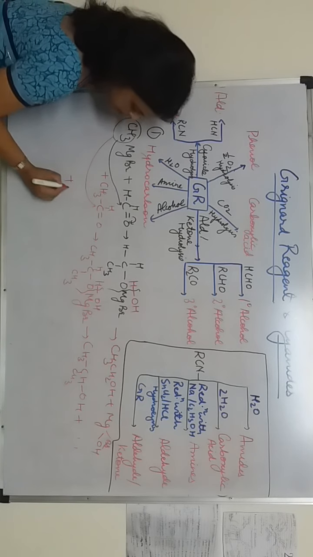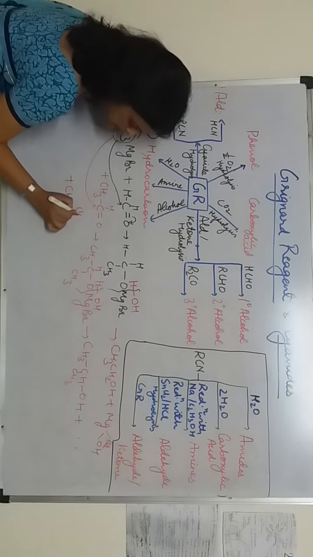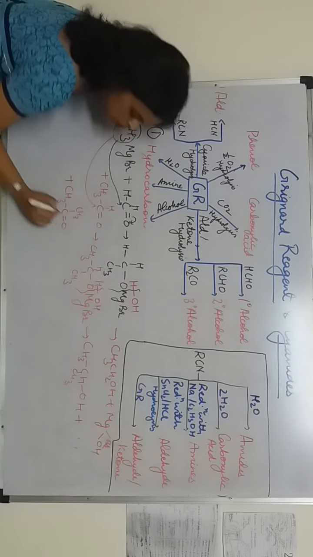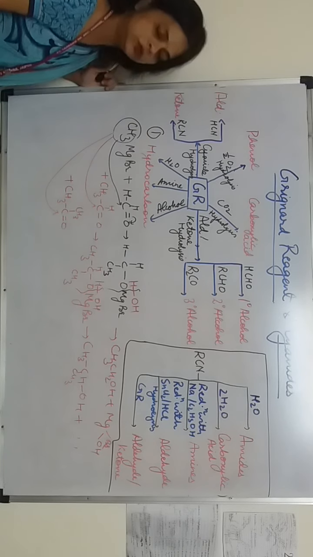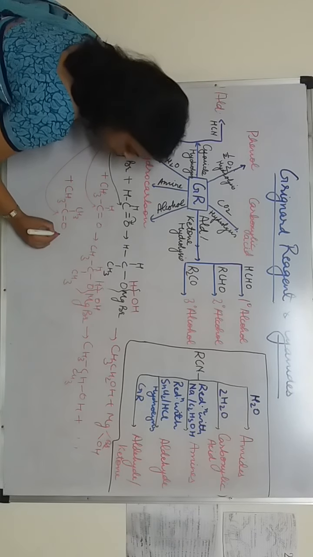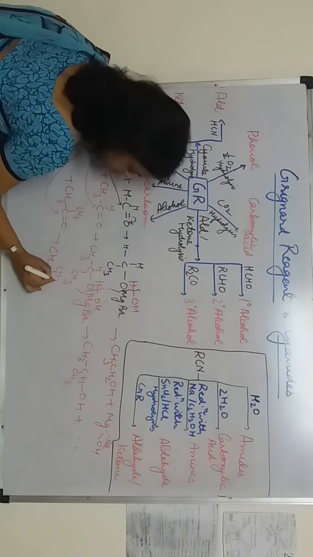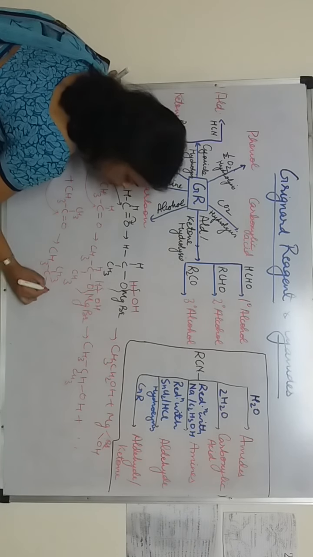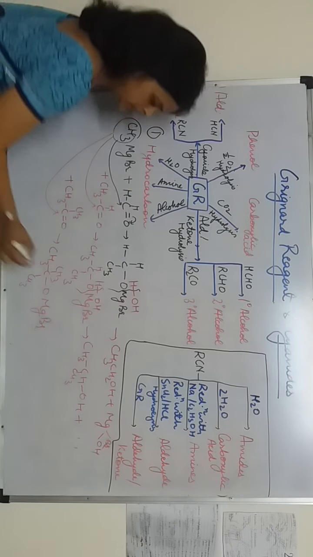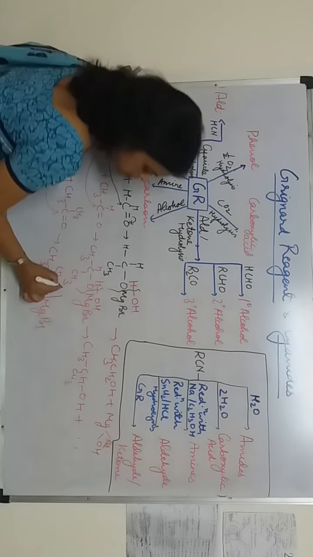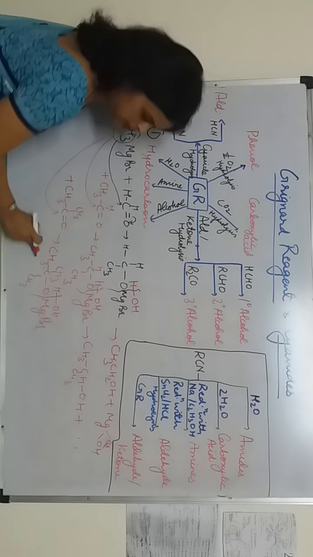And if we are having ketone, CH3, CH3 double bond O. Same way this alkyl part will get attached to this carbon and the structure will be CH3, C, CH3, CH3, O, Mg, Br. Okay, now hydrolysis, H and OH. So here you will be getting a tertiary alcohol.